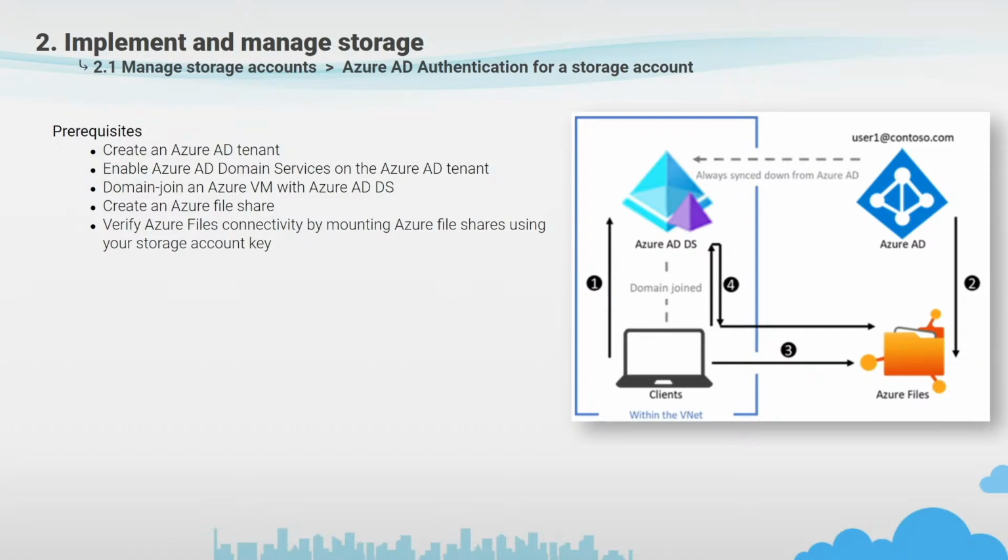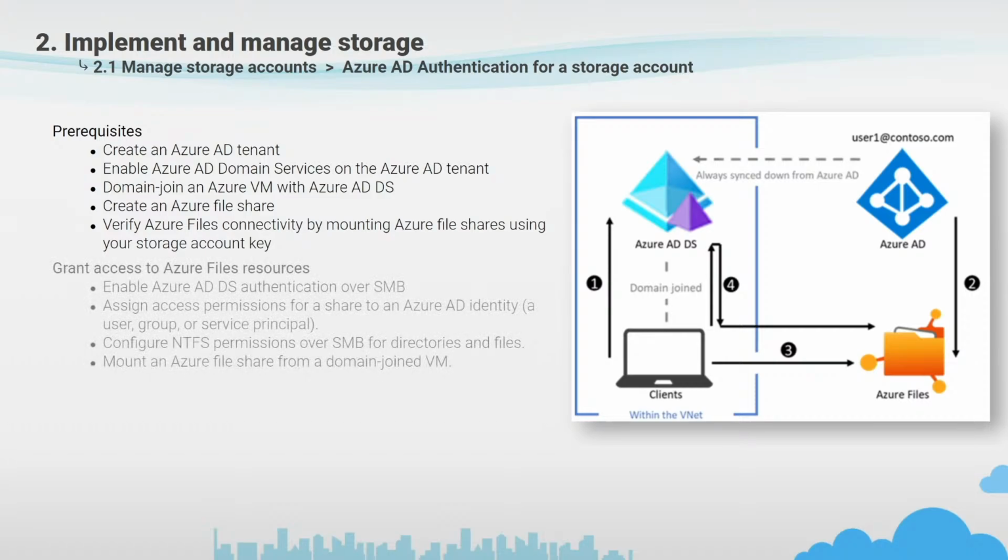Okay, after you have all prerequisites, as a workflow you will also need to grant access to Azure file resources, and first you will need to enable Azure AD authentication over SMB on the storage account. Assign access permission for a group or users that will access this share. Configure NTFS permission, and finally mount the share on the client station.